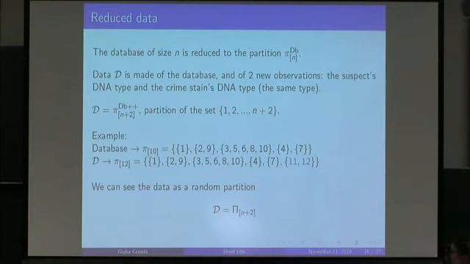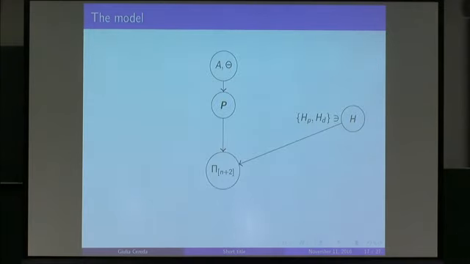So now the data can be seen as a random partition of the integer from 1 to n. And this is my model. We have our random vector here, which is given a Poisson Dirichlet prior. We have hyperparameters alpha and theta, to which I will give an informative hyperprior.